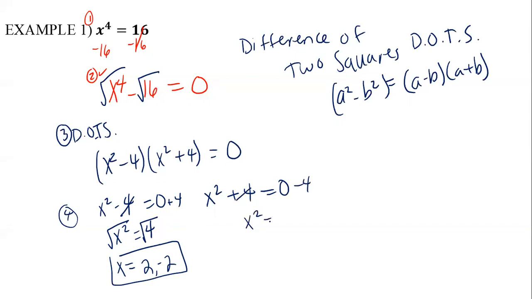That leaves me with x squared equals negative 4. Take the square root. What happens when I take the square root of a negative? It produces a what? Yeah. It produces imaginaries, that i. So we end up with not just 2, but 2i and negative 2i.